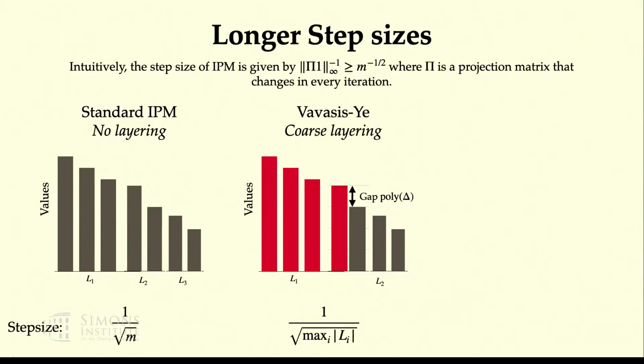But it turns out that if you have layers with a certain gap, then the step size that you can take is inversely proportional to the size of the layers. So in theory, the larger the layers are, the less progress you can make, but you learn more combinatorial information. So this is the trade-off that you can exploit.